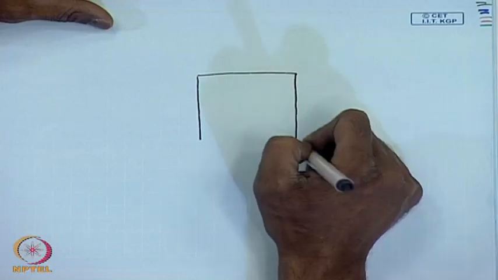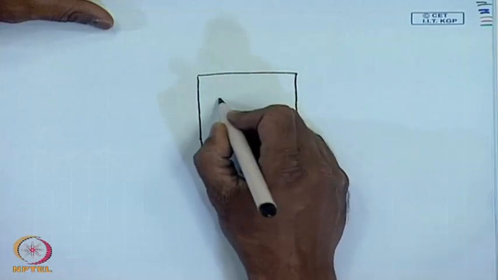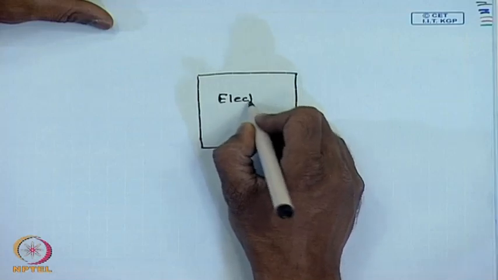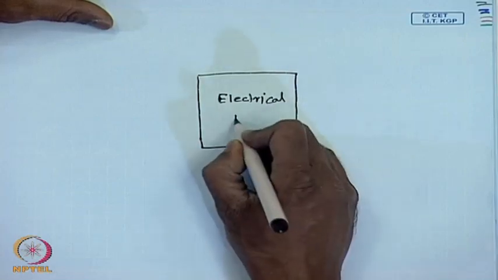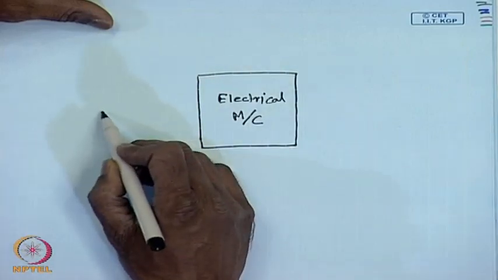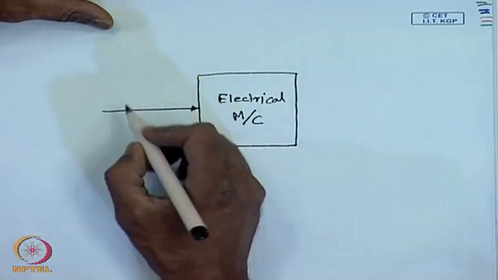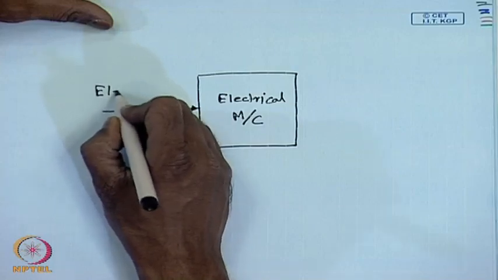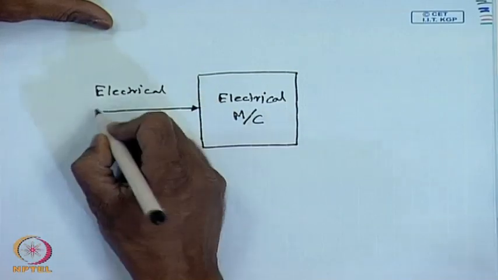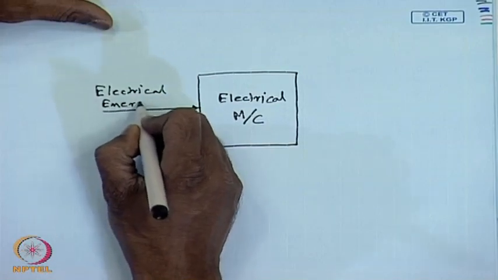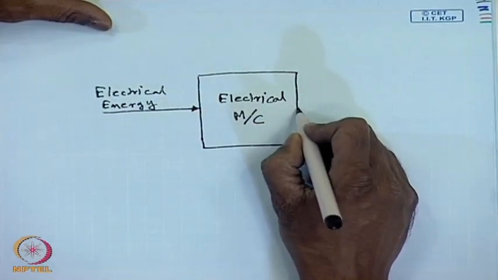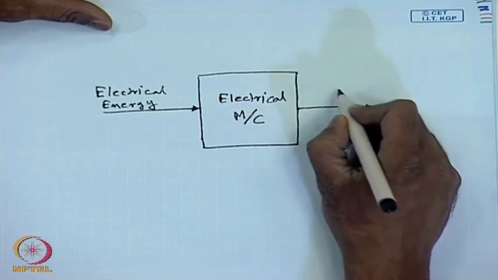Electrical machines, particularly rotating electrical machines, are basically electromechanical energy conversion devices. That is, if you have an electrical machine, it can take electrical energy as input and give out mechanical energy as output.